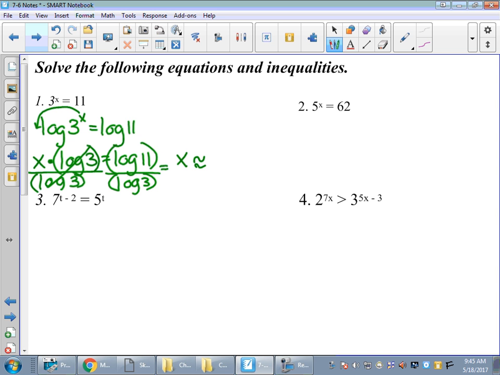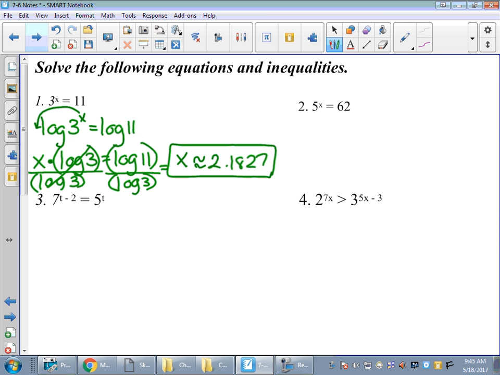So we get 2.1827 approximately. So again, I don't want to write down those awful decimals. The longer we can keep it in log format and just write log 3, it's so much cleaner and so much more accurate.